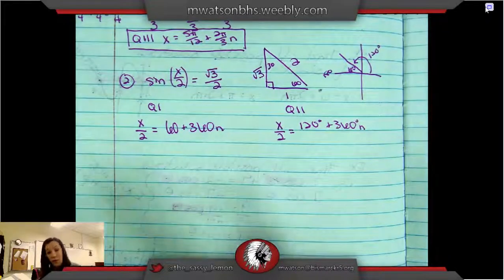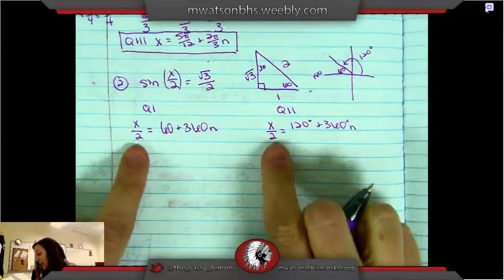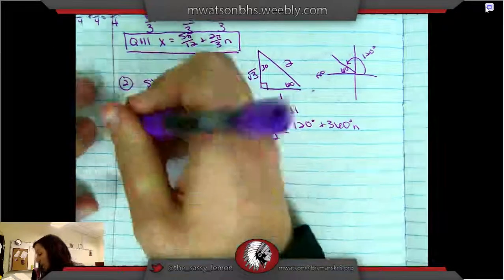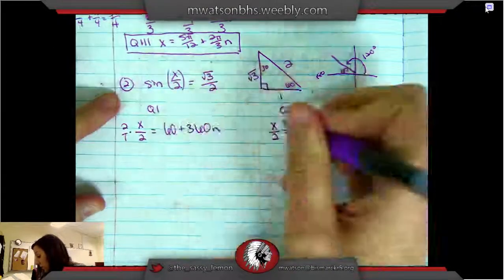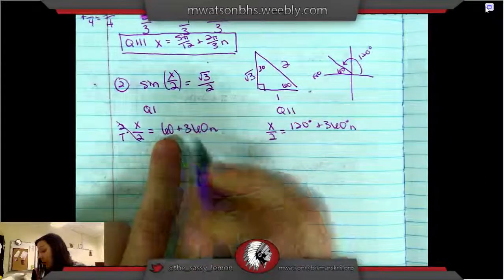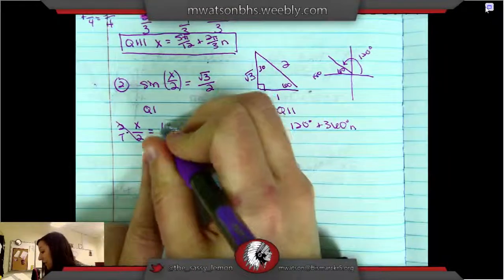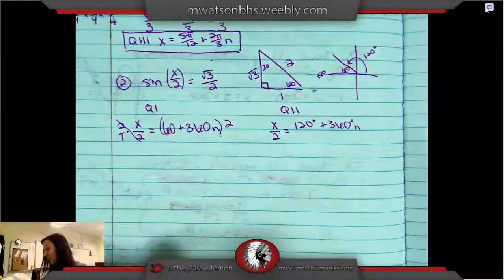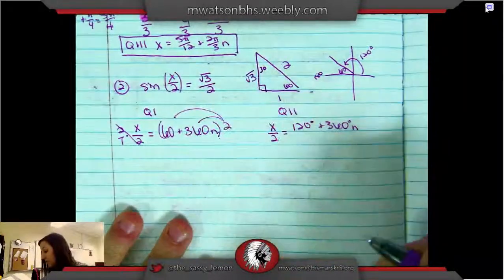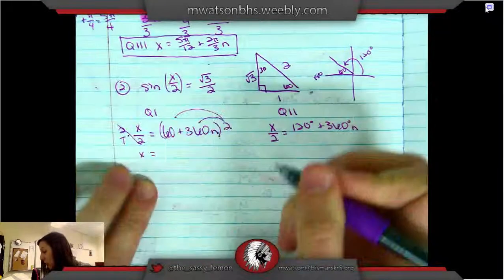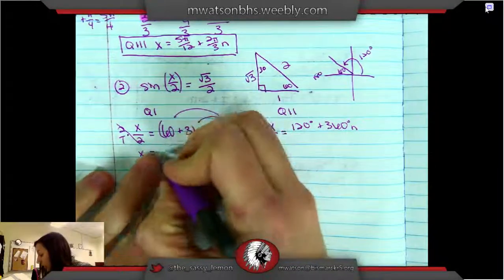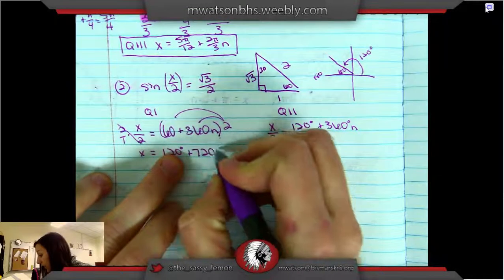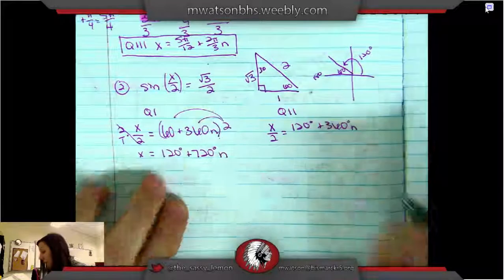So all of that was review, and now we just need to get x by itself. So we're going to multiply by 2 on both sides of the equation. Whenever you multiply the right side, we actually have a quantity, so we need to distribute that too. So x in the first quadrant is going to equal 120 degrees plus 720 degrees times n.